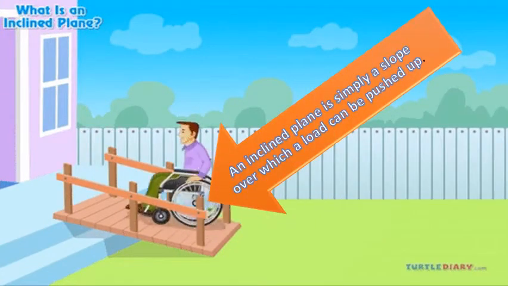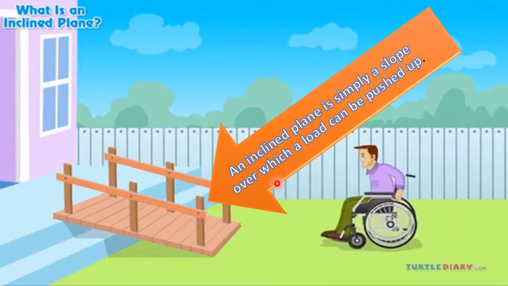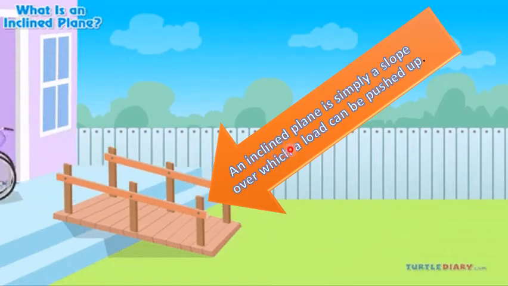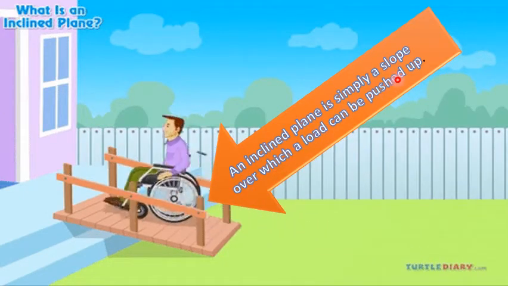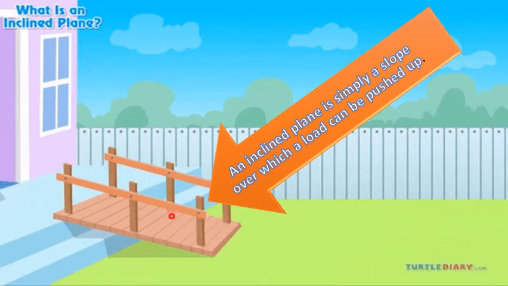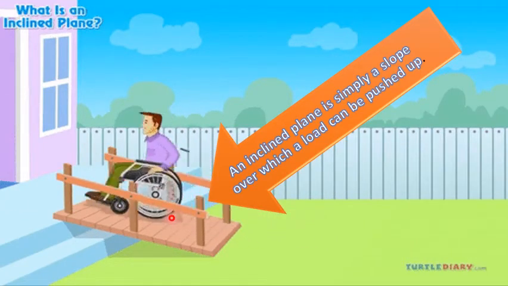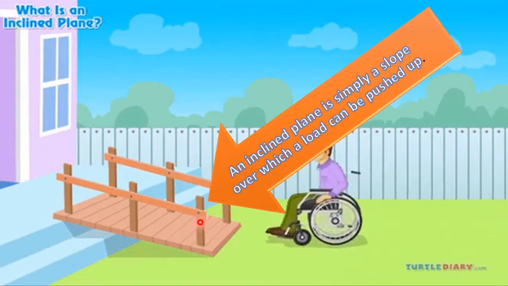So here comes another example. An inclined plane is simply a slope over which a load can be pushed up, right? So you can see how the man is moving with the help of a wheelchair. Can he cross the stairs with the help of his wheelchair?